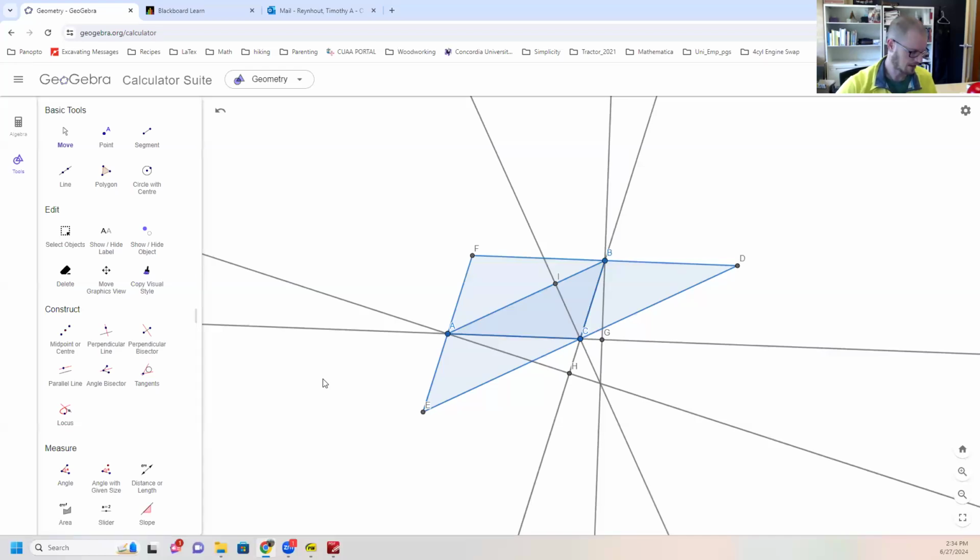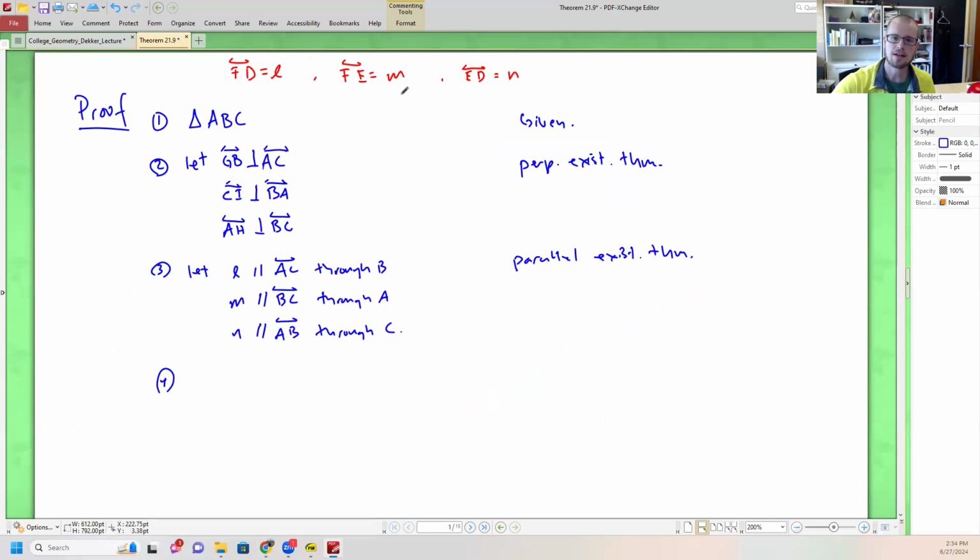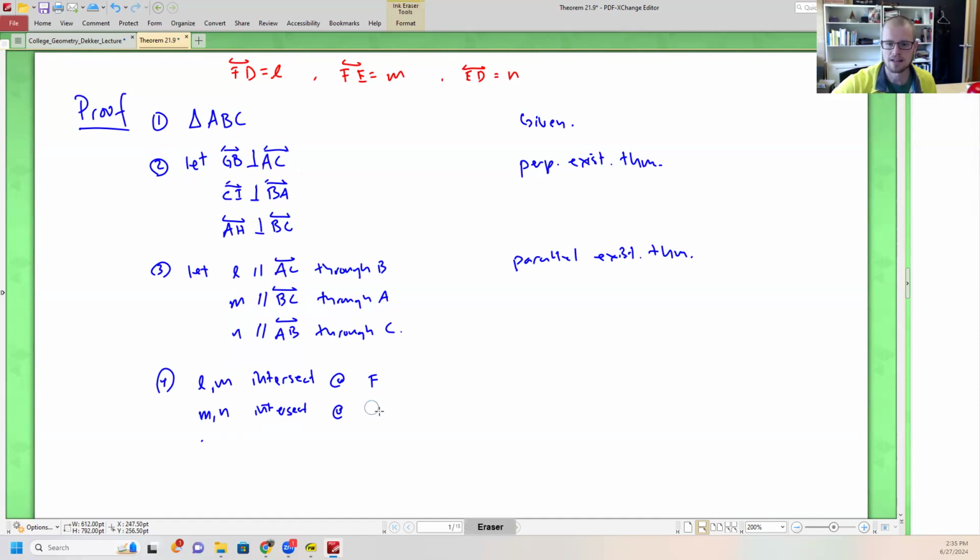So we get L and M intersect at, we already have the label pointed, so L is FD, M is FE, so they intersect at F. M and N intersect at, oh, I'm sorry, that was M and N. M and N have E in common.